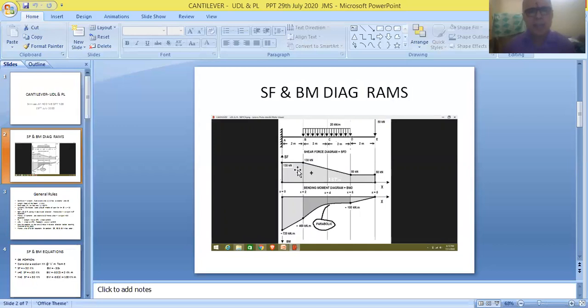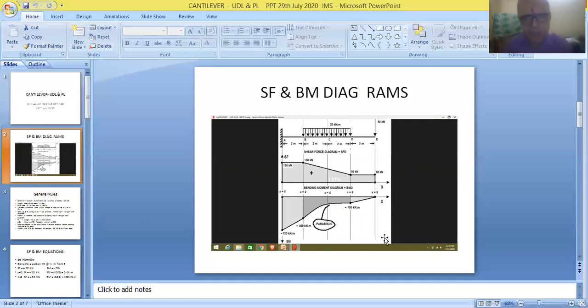And again, straight lines are coming in this region. So straight lines will be coming in the case of point loads, and linear lines will be coming in the case of UDLs while preparing shear force diagrams.